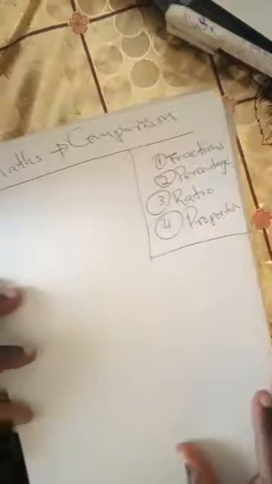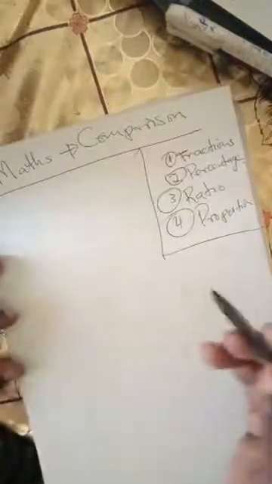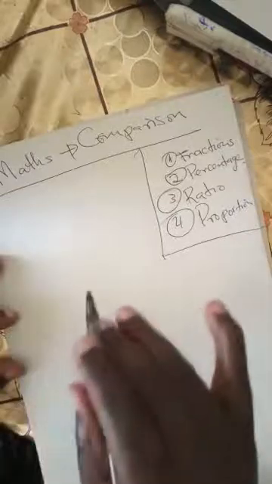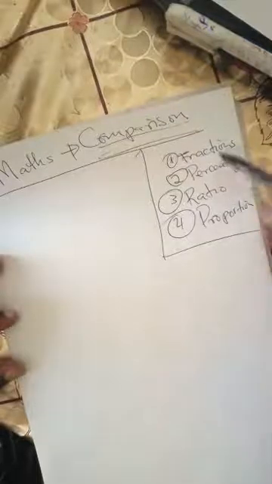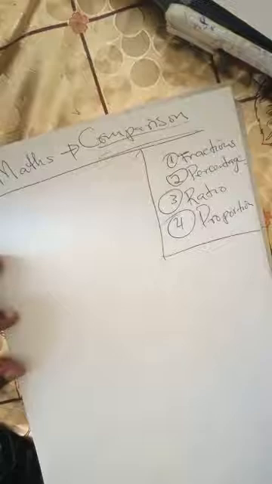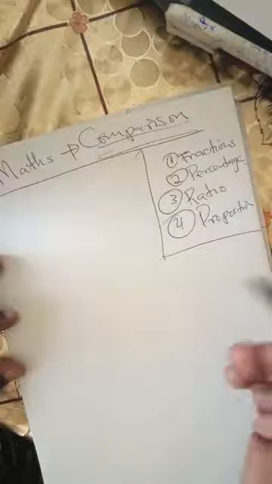Okay, so all these are what we use for comparison in mathematics. So as a fraction, you could start. So the topic is comparison in math. So I'll be able to show you how these compare with one another.